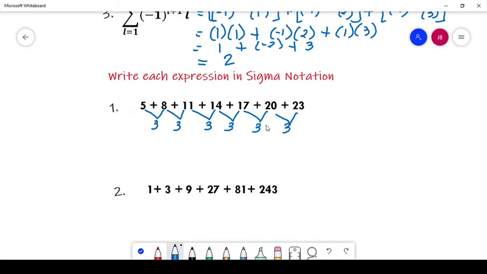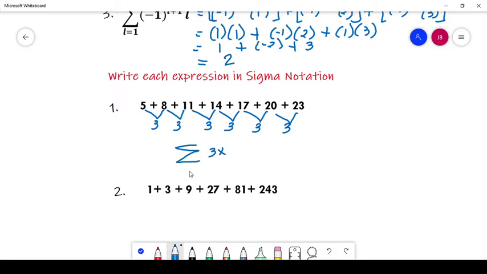Now, since it has a common difference of 3, to write that in sigma notation, you need to write the sigma notation there. And then we have a common difference, and that is 3. Always, if it is arithmetic, get the common difference, write it down, and then put a variable.